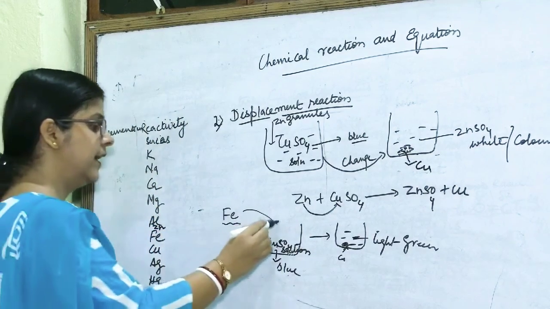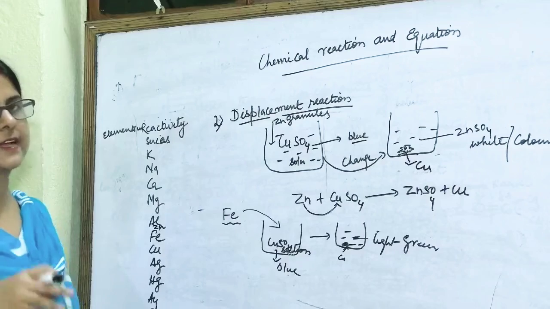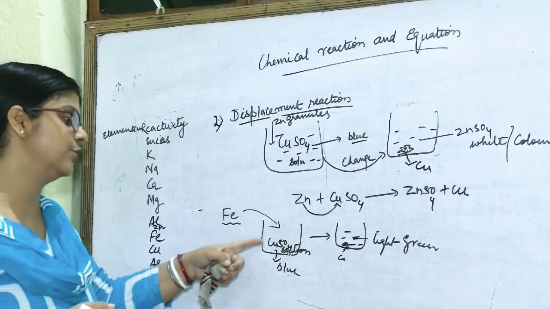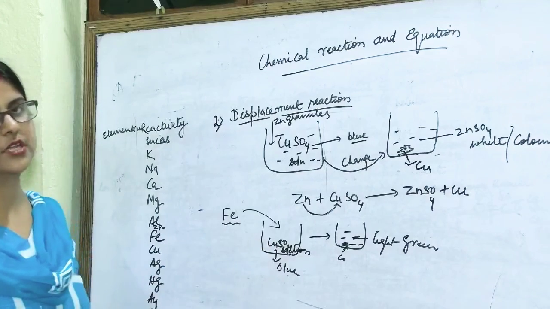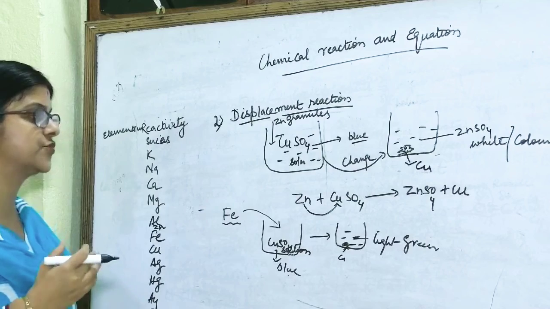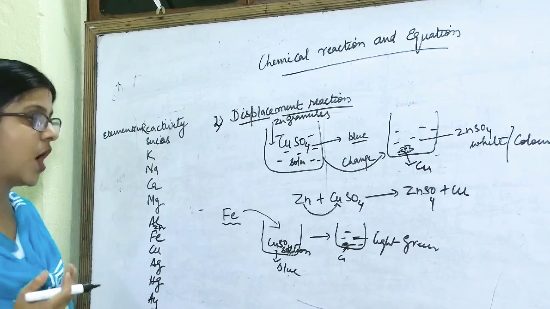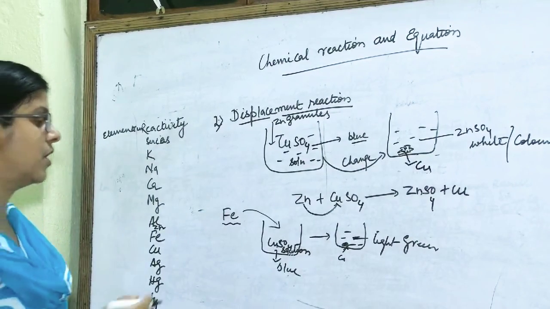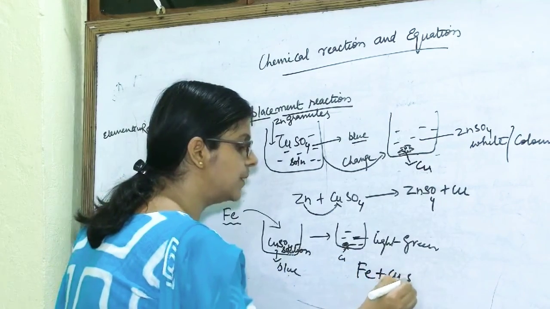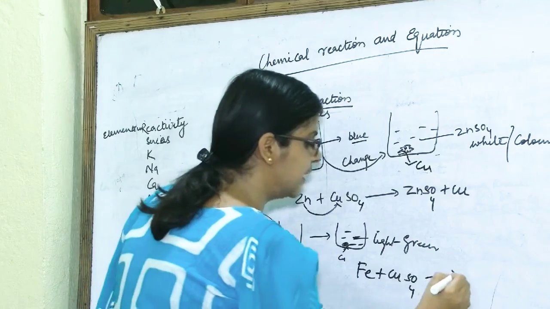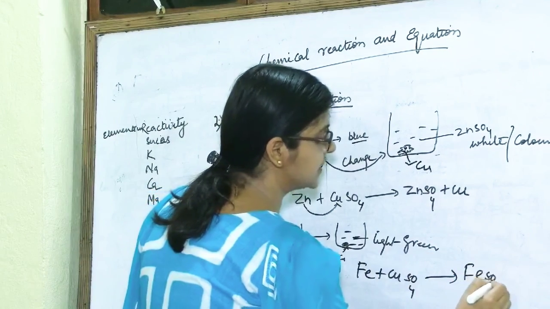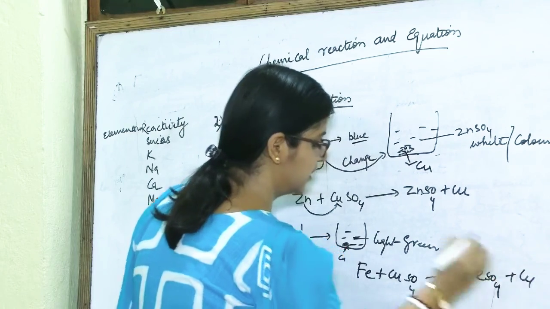Again I am explaining, if you add some iron particles or iron powder to copper sulfate solution, then the blue color of the copper sulfate solution changes to green. Why does it change? Because when iron is added to copper sulfate, it displaces copper from copper sulfate and forms ferrous sulfate plus copper.